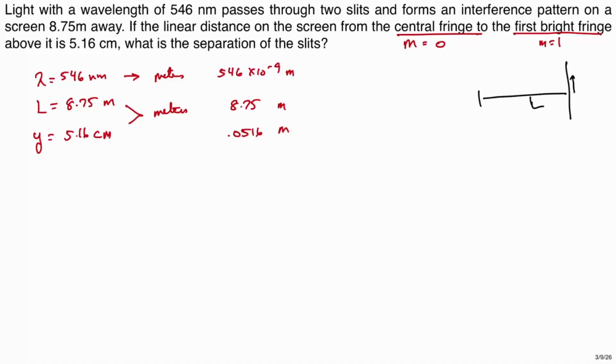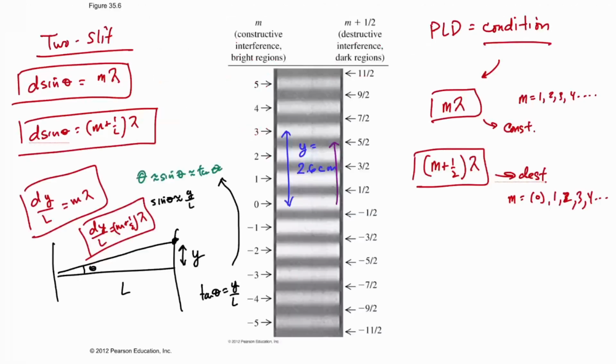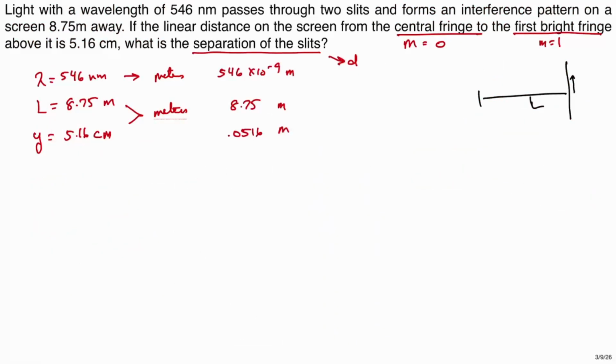And they are asking us to solve for what? What's the symbol that corresponds to separation of the slits? That's the little d. Remember, we have d sine theta equals m lambda. We have d sine theta equals m plus a half lambda. The sine theta is going to get swapped out for y over L. So we're working with a bright fringe.